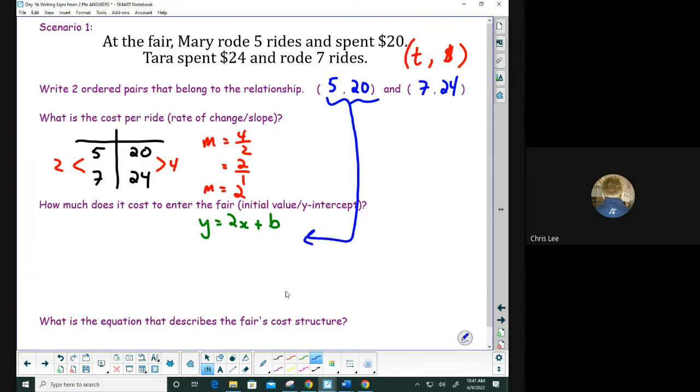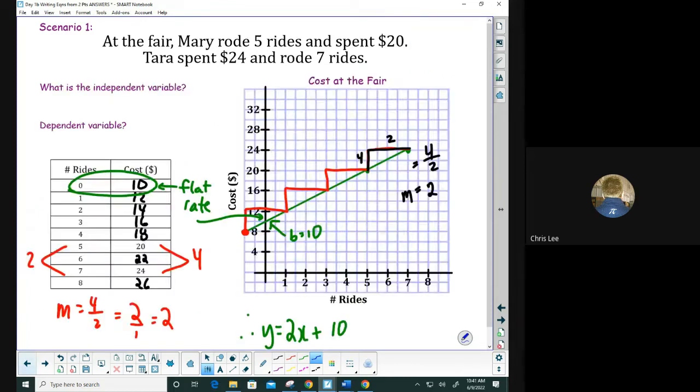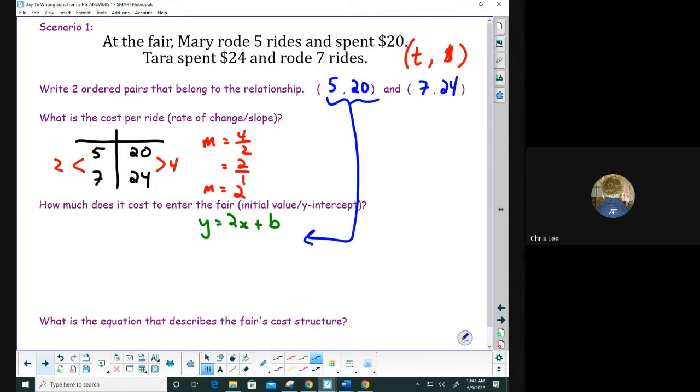We take the coordinate and plug it in, just like we did in the whole other worksheet, except we've got 2 coordinates here. Does it matter which one we plug in? No. If I look at the graph, I could go from 5, 20 and work backwards to the y-intercept. If I started at 7 and 24, I would still be following the same path to get to the same thing. So it doesn't matter which coordinate you put in.